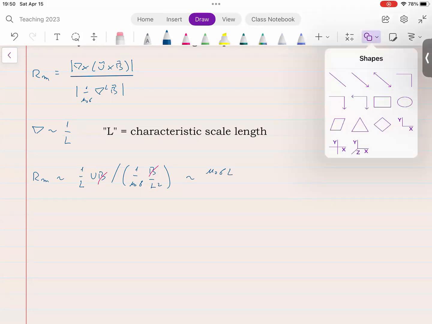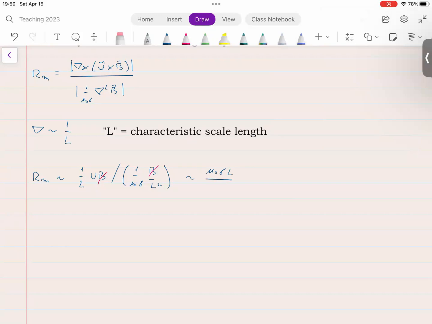Let's see if I lost anything along the way. Yes, I'm not dividing by U, I'm multiplying by U. Sorry. Okay. Let's make it a little more clear: mu naught sigma L squared divided by L. I just have one L left and U was in the numerator.